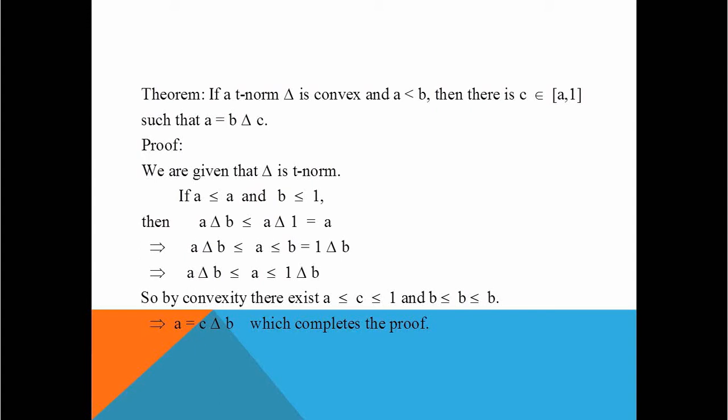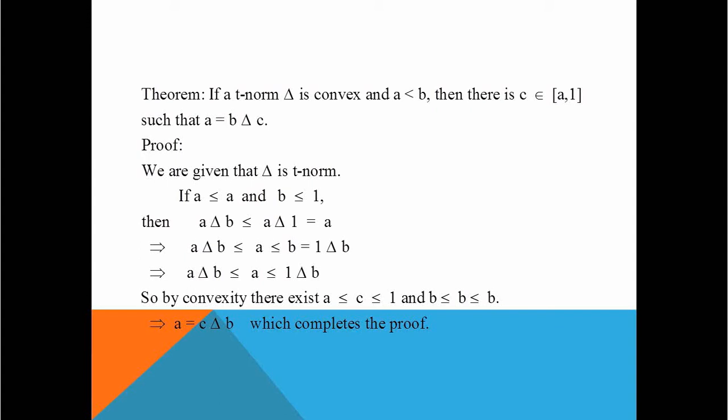But if we use the first property, we know that a delta 1 is equal to a, and it means that a delta b is less than or equal to a. But a is less than b, and b is equal to 1 delta b.